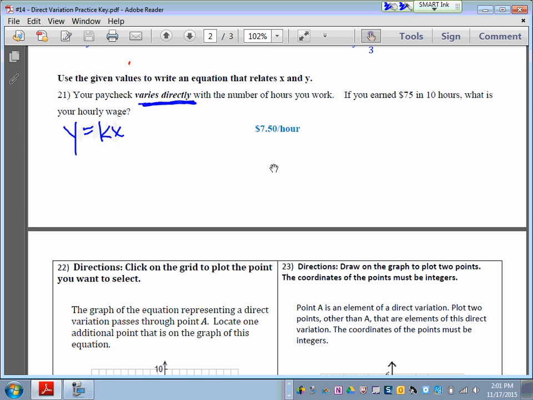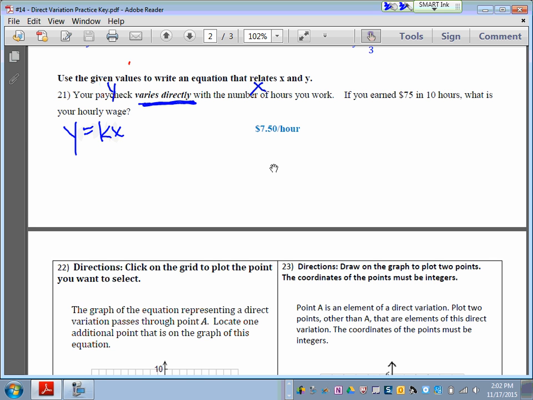Let's take a look at our variables. My paycheck is y, the number of hours is x. Or you can make up different variables, it's still the same.